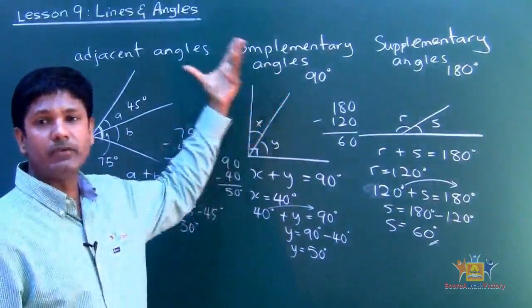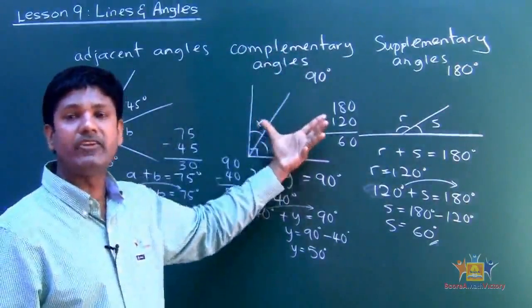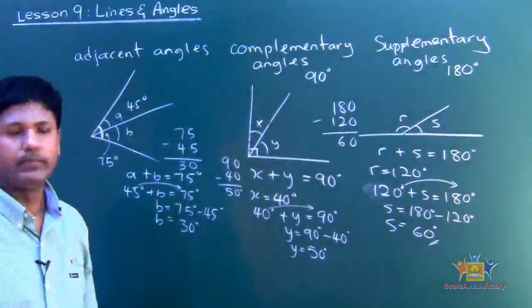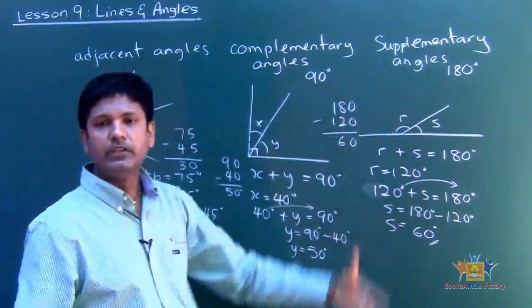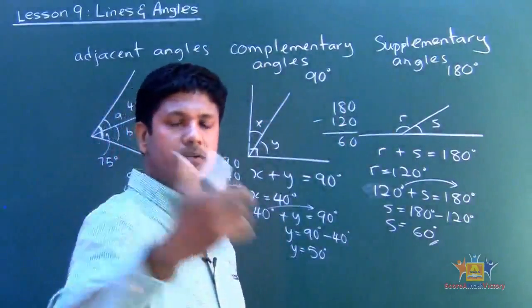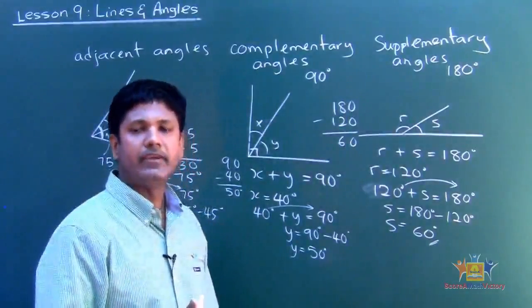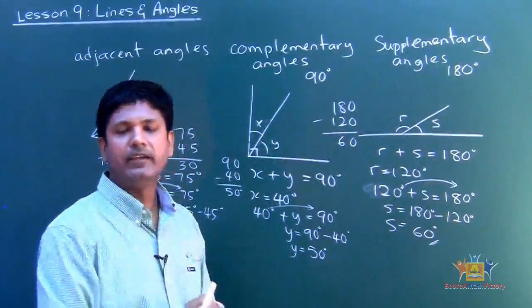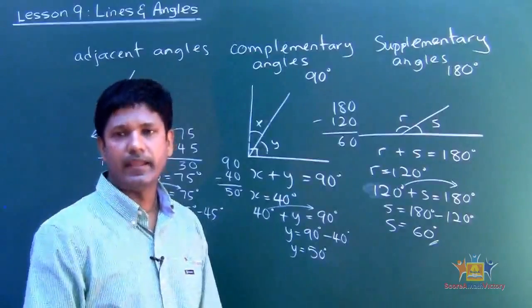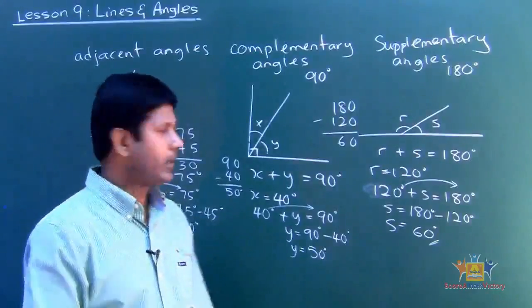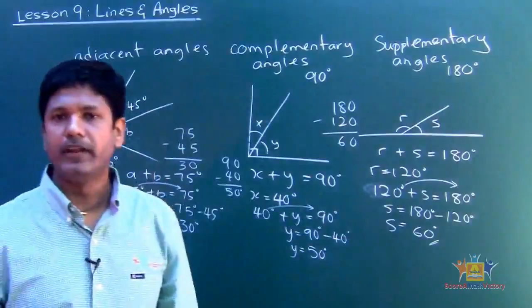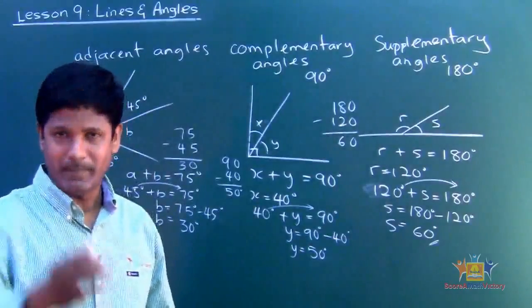You know right away the word complementary means you're dealing with 90 degrees, and you should find the other. Supplementary, same thing. When I say supplementary, you should be able to tell it's 180 degrees, and find the other angle when I give you one. Okay, good. Let Mr. Mac erase the board and let's do a few problems. I'll be back with you in a few seconds.